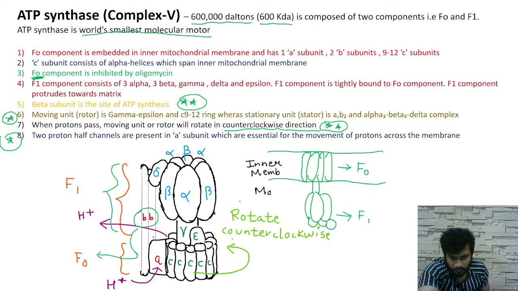F1 is in the matrix, it is protruding in the matrix, and this above portion is the intermembrane space.